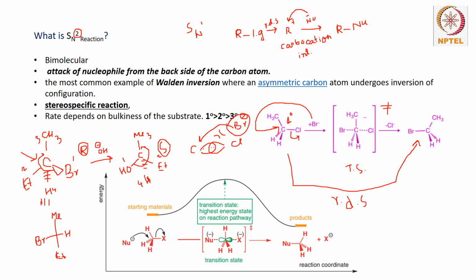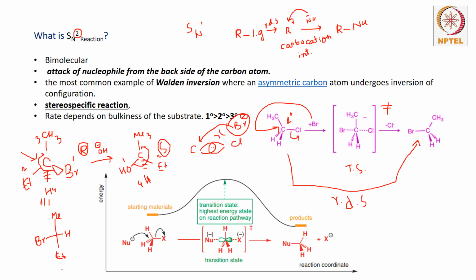If it is 2 degree, the reaction rate will be slower. If it is 3 degree, slower still. So it is just the reverse of the SN1 reaction. In case of SN1, 3 degree is the highest because the carbocation stability is highest for 3 degree. But in case of SN2, 1 degree is fastest because the bulkiness of 1 degree is least. It can take the attack very smoothly.